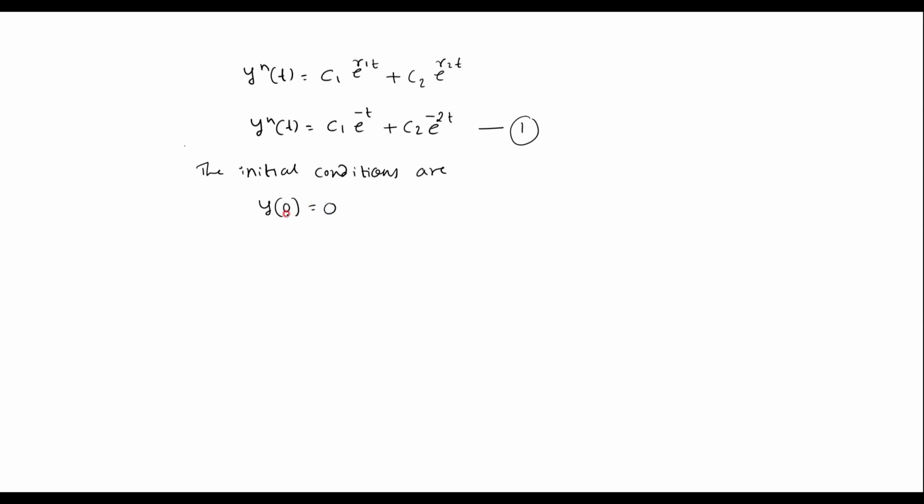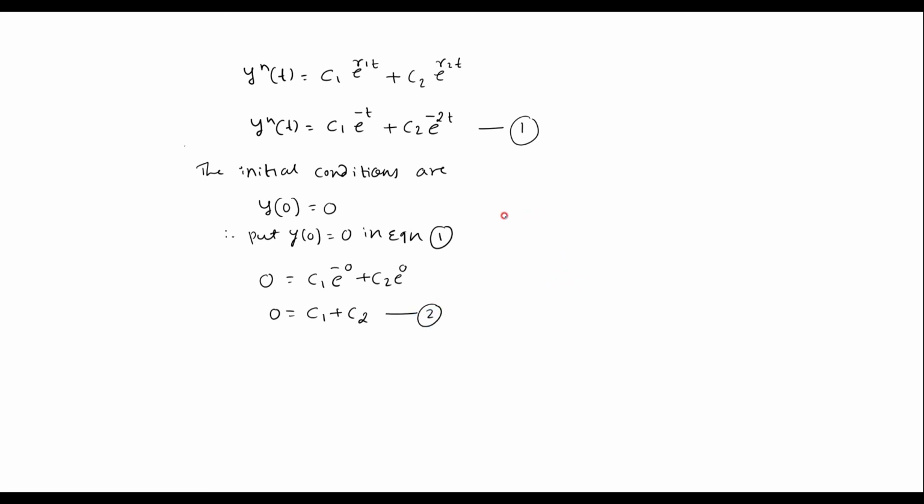So we'll substitute 0 in equation 1. Put y(0) equal to 0 in equation 1. So yn(t) is 0 here, that is 0 equal to c1 e^(-t), where t is 0, so it will be c1 plus c2 e^0. So it can be represented as 0 equal to c1 plus c2. We'll call it equation number 2.